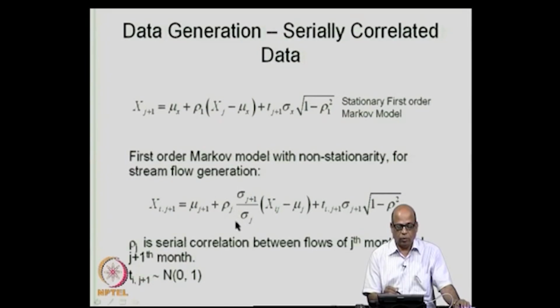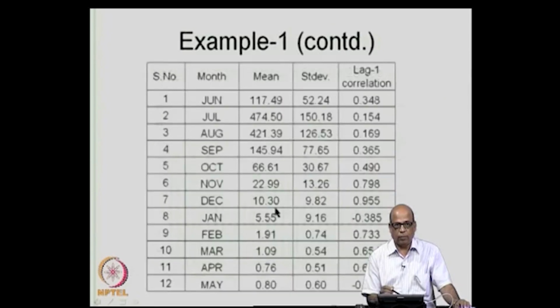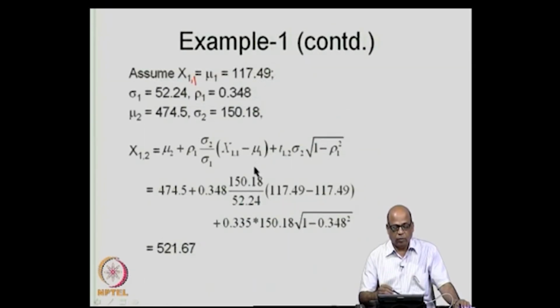That is why we introduce this ratio sigma j plus 1 by sigma j, and that is what we are using here. We write this value to be assumed because we are assuming x 1 1 to be mu 1 itself. So, this term goes. This is a standard normal deviate picked up from the table or otherwise, and this is your standard deviation for the second month into root of 1 minus rho 1 square.